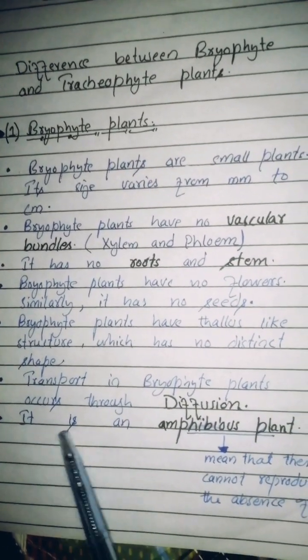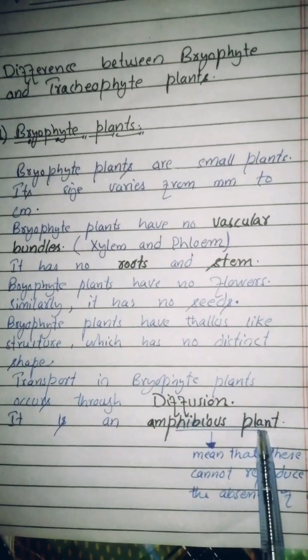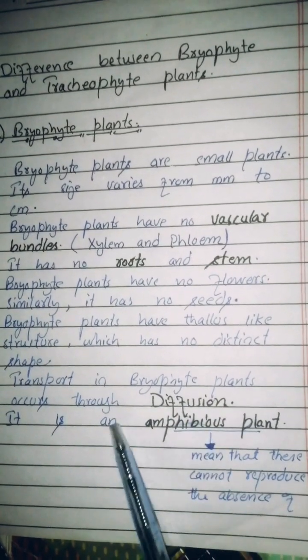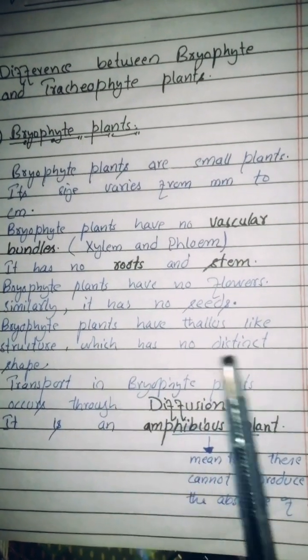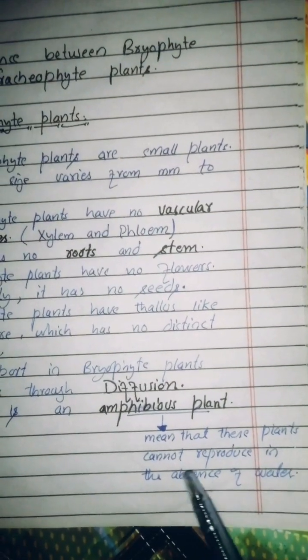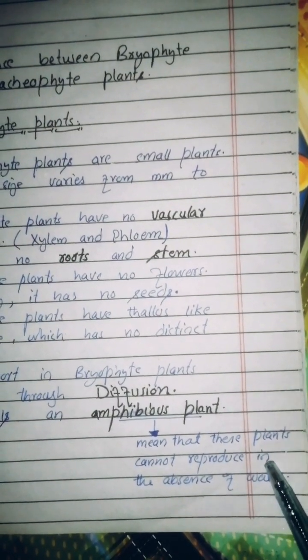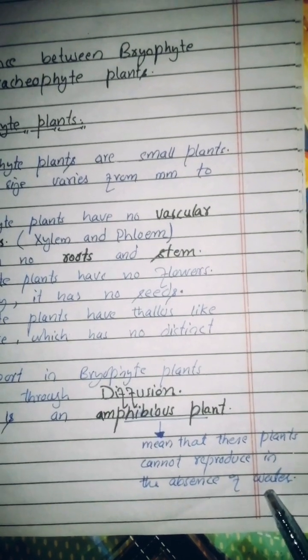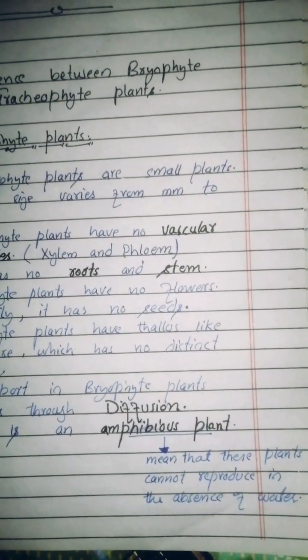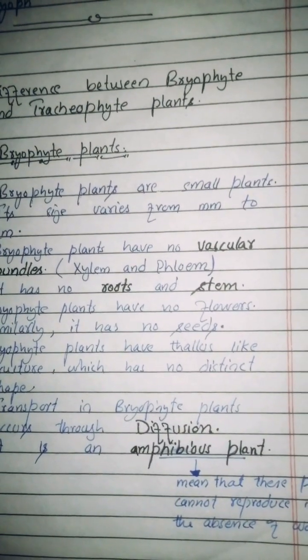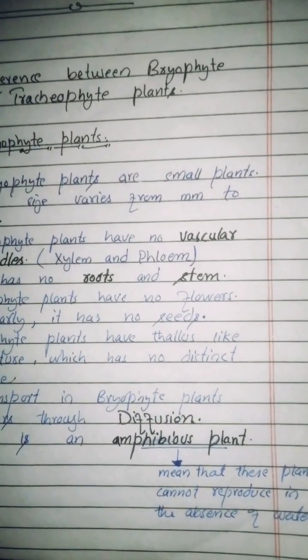Bryophyte plants are amphibious plants. What does amphibious mean? Amphibious means that these plants cannot reproduce in the absence of water. For reproduction, bryophyte plants need water.